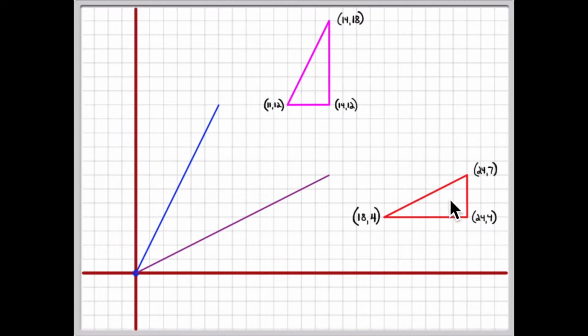In this case, this triangle's hypotenuse lies on a line that is parallel to this line that identifies a second proportional relationship. Now I'm only going to write the equation for this triangle up here, this hypotenuse right here, or the line on which that hypotenuse lies. And I'm going to leave this triangle for practice.